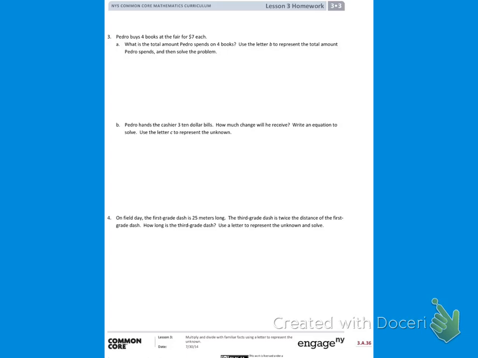I'll go ahead and underline the key details. Pedro buys 4 books, $7 each. Now I'll highlight the question. What is the total amount Pedro spends on 4 books? I think I'll circle 4 books to remind myself of the key detail in the question.